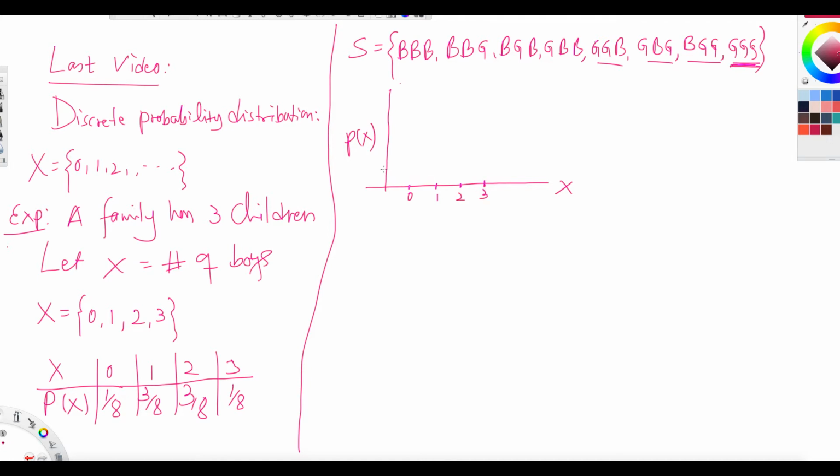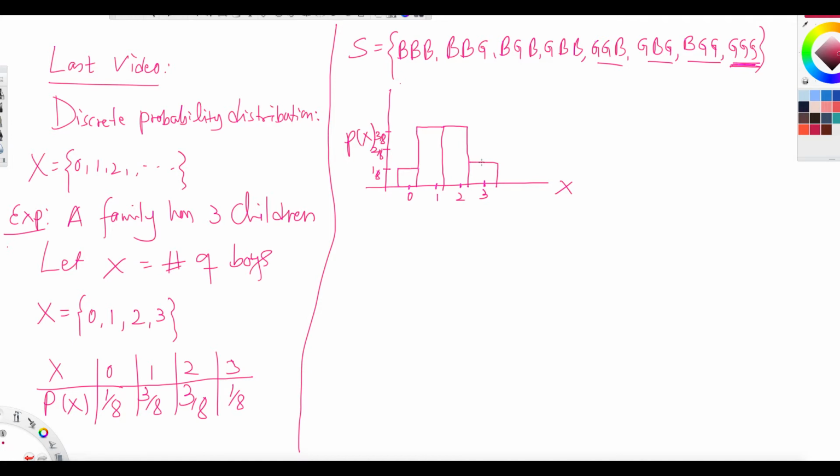And then let's say this is 1/8, this is 2/8, and this is 3/8, right? So 0 has probability 1/8, and then 1 has probability 3/8, and then 2 has probability 3/8 as well, and 3 has probability 1/8. That's how we drew the polygons, or the histogram, you say.